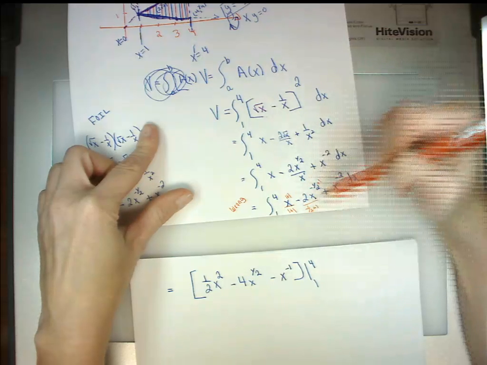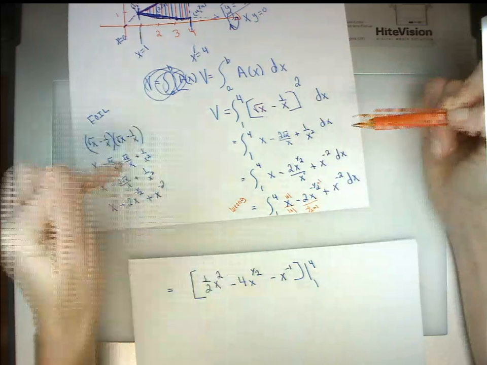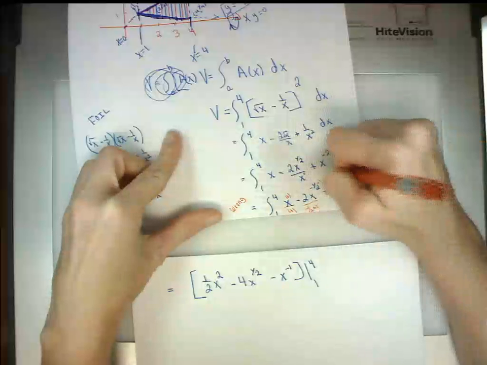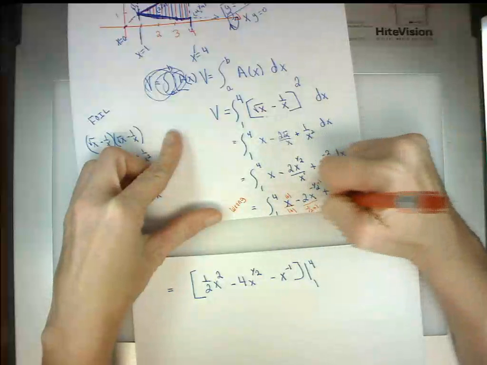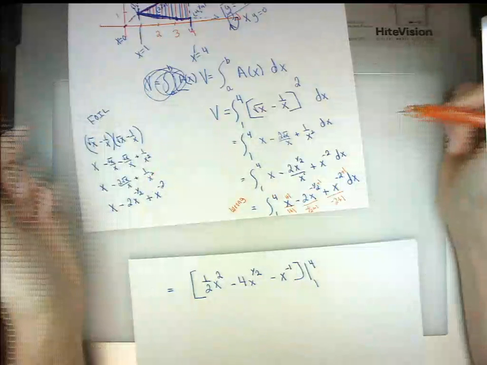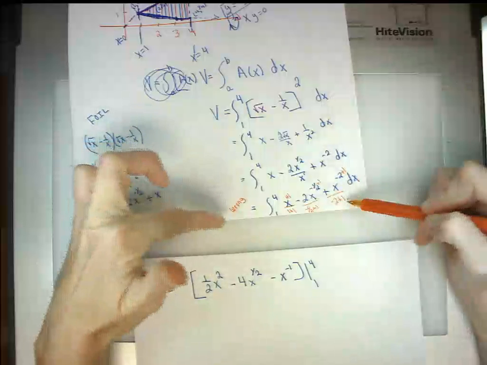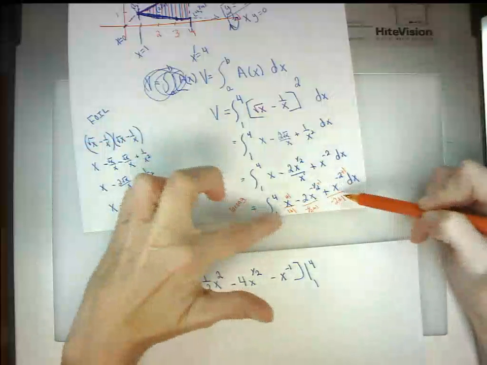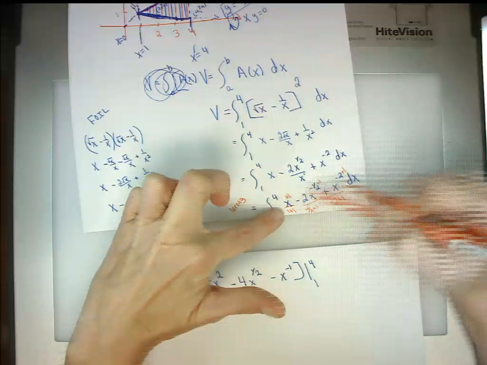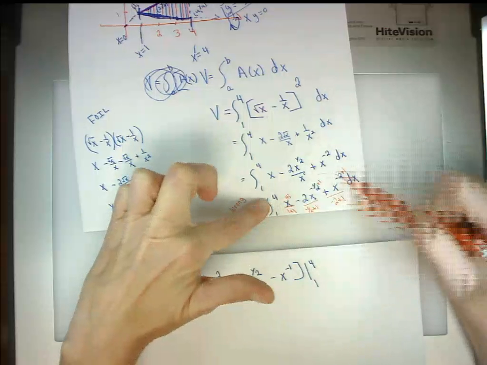But trust me, that simplifies to negative 4x. Technically, even though things are not simplified, this is the antiderivative.